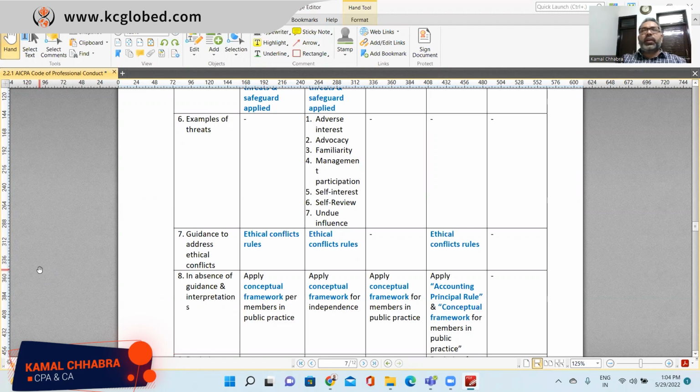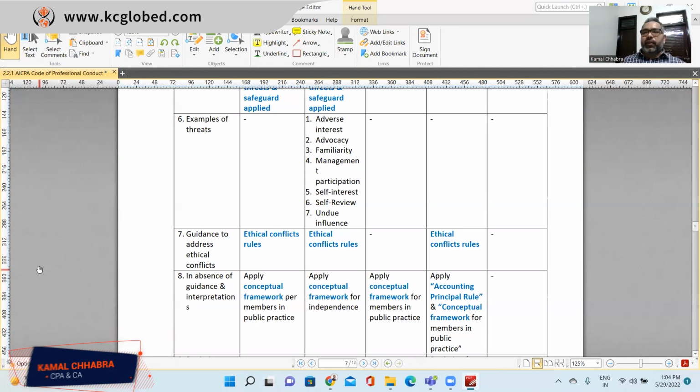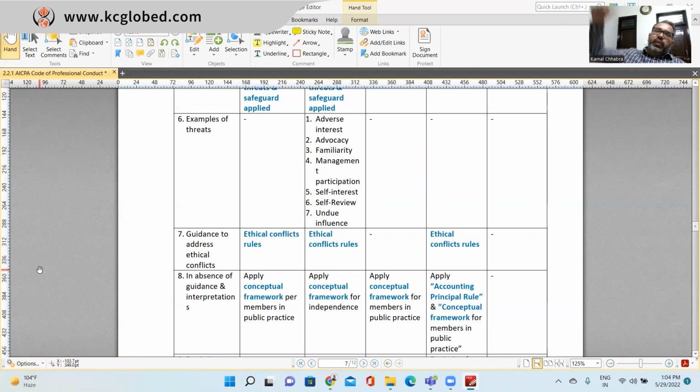What is the threat over here? That means your interest is different than the client interest. For example, let's say in the automobile industry, we have Honda, we have Maruti, we have Toyota, and we have Mahindra, right?